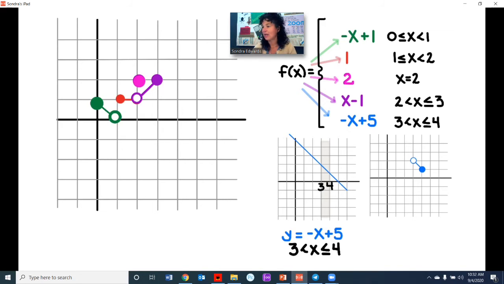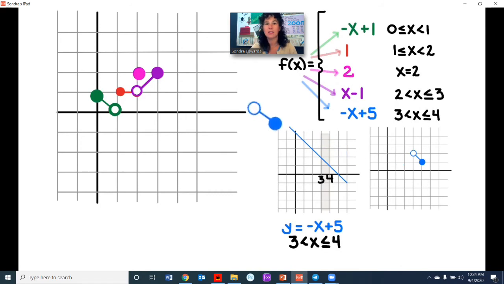And so the endpoint was an open dot there at 3 and a closed dot at 4 because of the less than or equal to. Now I want to transfer this piece over to the main graph, so let's do that. Okay, let's move this piece on over, but I want you to notice something that's happening here.